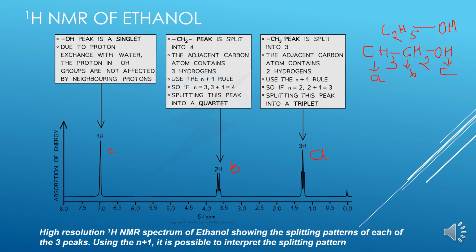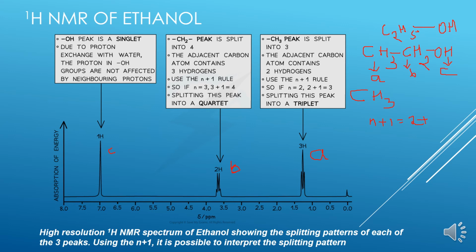So let us go for the number of splittings. For CH3 splitting, there will be two neighboring CH2 protons, the methylene protons. So by applying the n plus 1 rule for the CH3 group, the number of splittings will be 3.